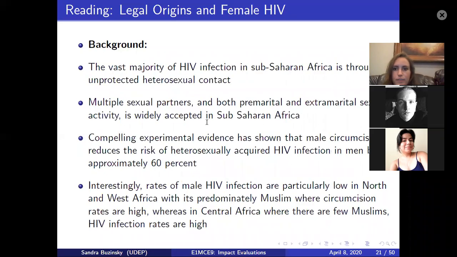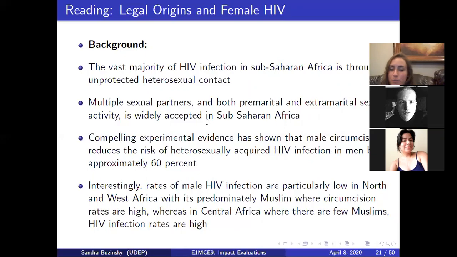Okay. So as Giuliani said, the vast majority of HIV infection in sub-Saharan Africa is through unprotected heterosexual contact. Okay, I'm sorry, I'm so immature.